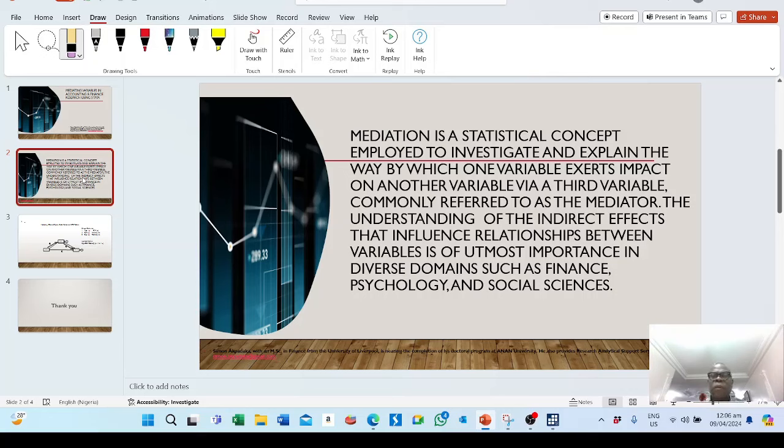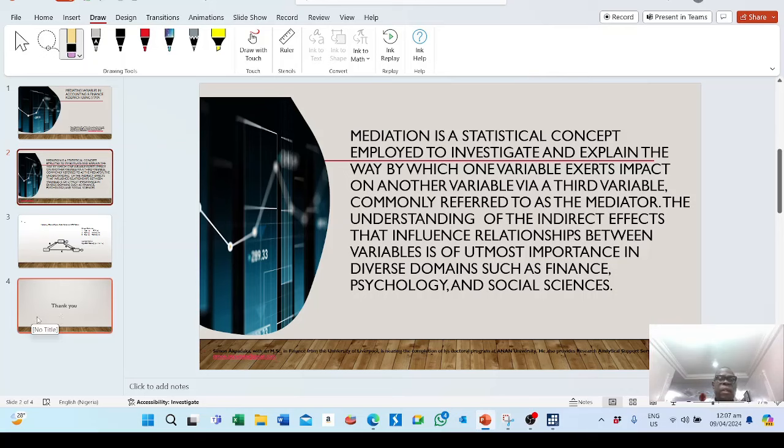Understanding the indirect effect that influences the relationship between variables is of utmost importance in diverse domains such as finance, psychology, and social sciences.